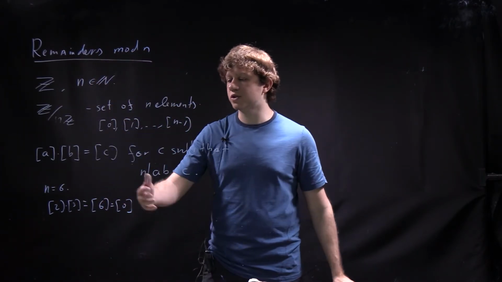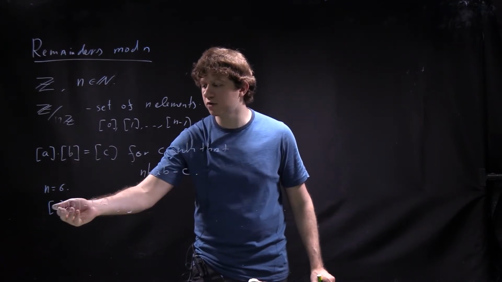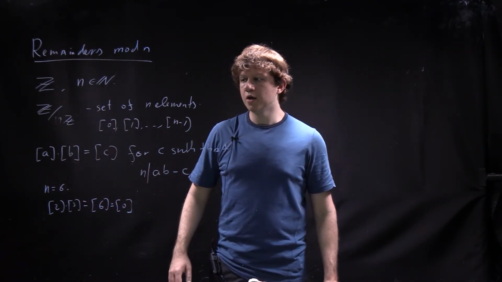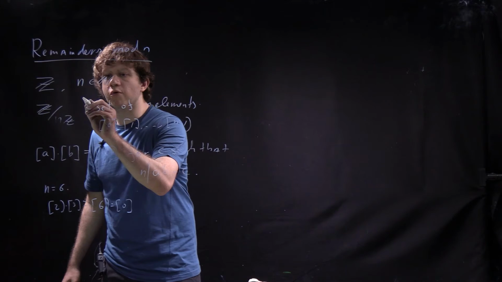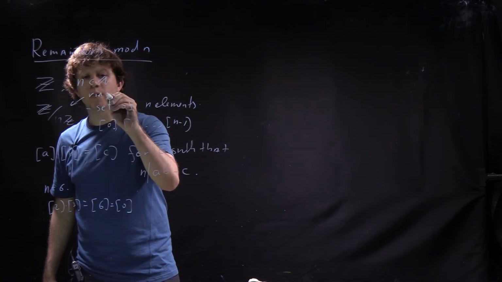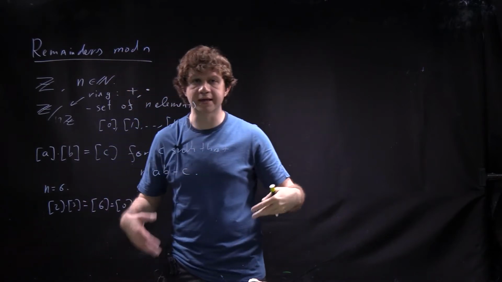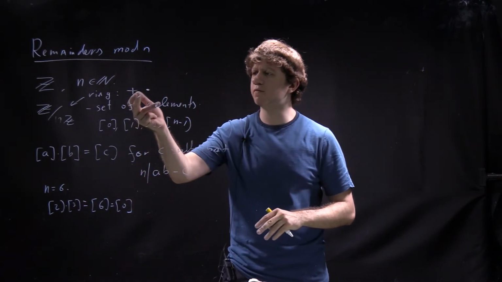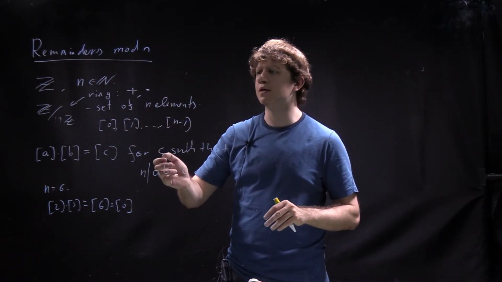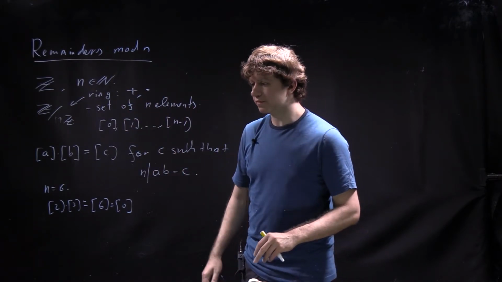And you cannot just simply forget about 0 and get a group here. So that's what's called a ring. A ring is a set with 2 operations, addition and multiplication, satisfying certain properties like in integers: commutativity of both operations, associativity, distributivity, and such.